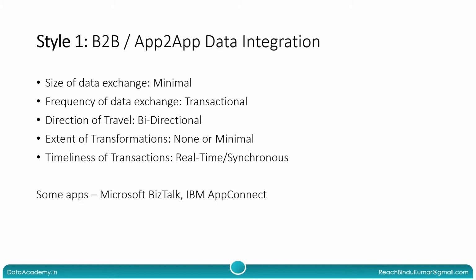So Bank of America would send something, Citibank would receive it, run some rules on it, handle it, and then send a file back to the Bank of America BizTalk server. Then you also had IBM App Connect, which was another similar server. Over time, these technologies have been replaced with REST APIs or GraphQL APIs.